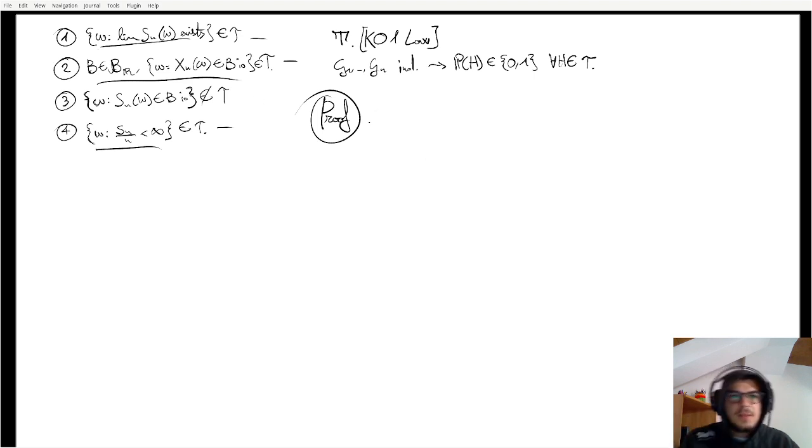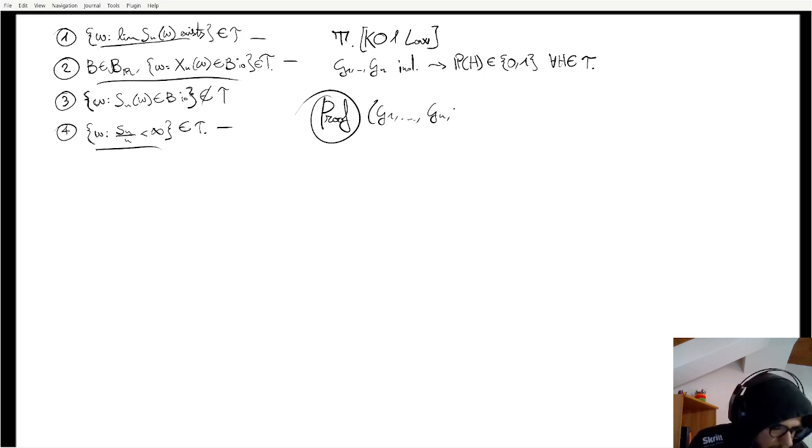So consider G1, and so on, Gn, Tn, is an independency for any n.